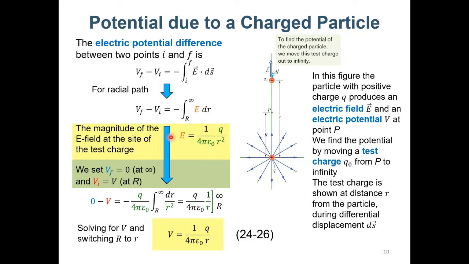we substitute E to be 1 over 4 pi epsilon naught times Q over R squared into here, and then we assume that the potential here is V. So we substitute all the stuff in, and this is constant, so we can factor it out from the integral sign. Then we integrate dr over r squared, which is negative 1 over r, so one of the negative signs cancels, and then we substitute infinity into here, which is 0, and then capital R into here.